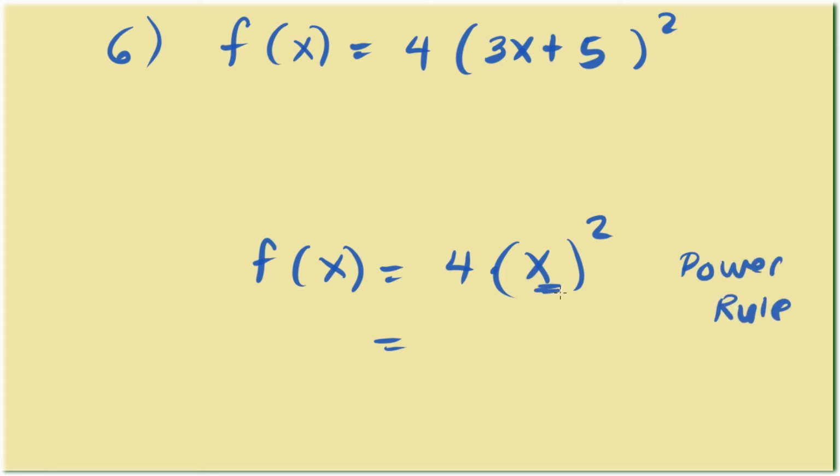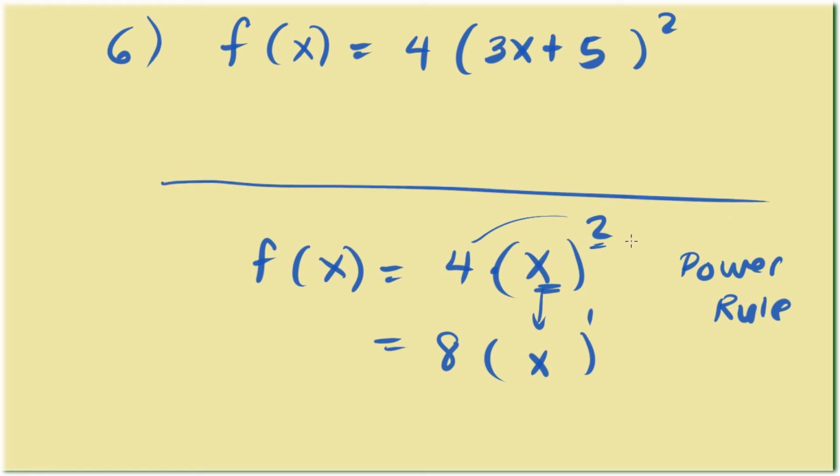Again, because it's a plain x. So what we do is just multiply 4 and 2, which is 8, and then copy that base x, and then 2 minus 1 is 1. Because this is just a plain x. This is no longer plain x. So the chain rule, it's a chain, okay? So chain rule right here.